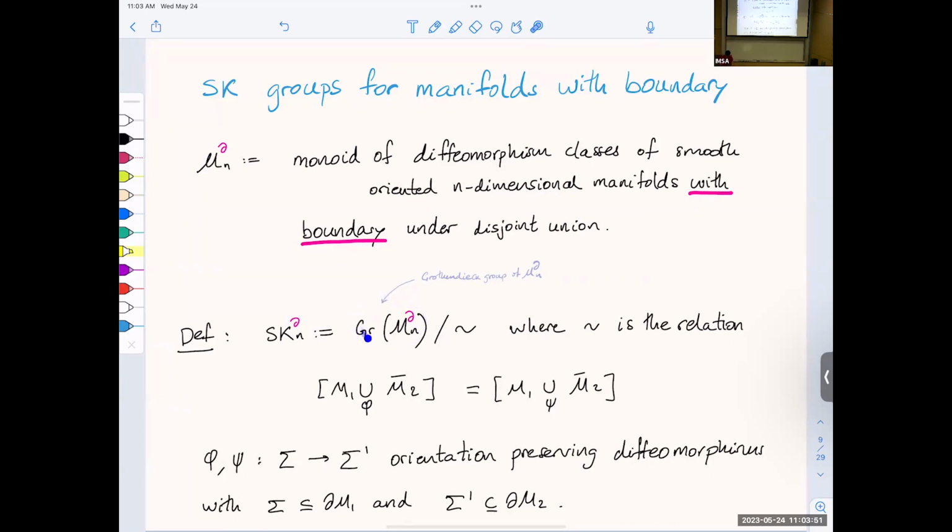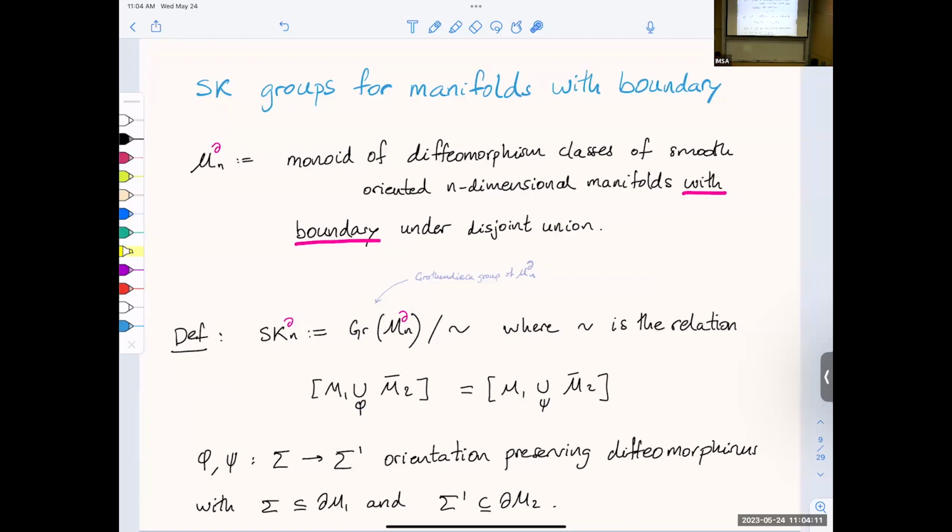Just as before, take the Grothendieck group of that monoid and quotient by a relation. The relation also looks similar to what we had before. You have your pieces, and you're going to be gluing via some diffeomorphisms. But now your diffeomorphisms are not gluing along the whole boundary.